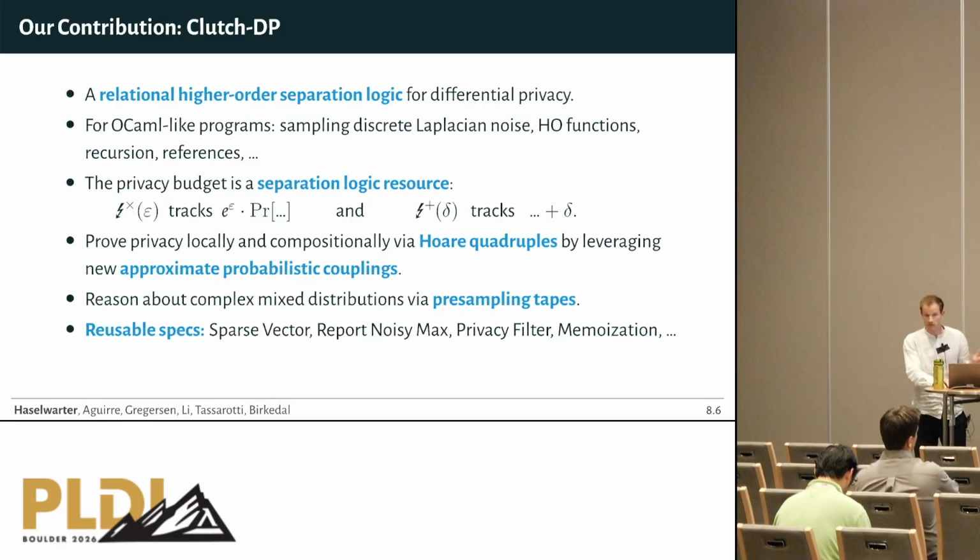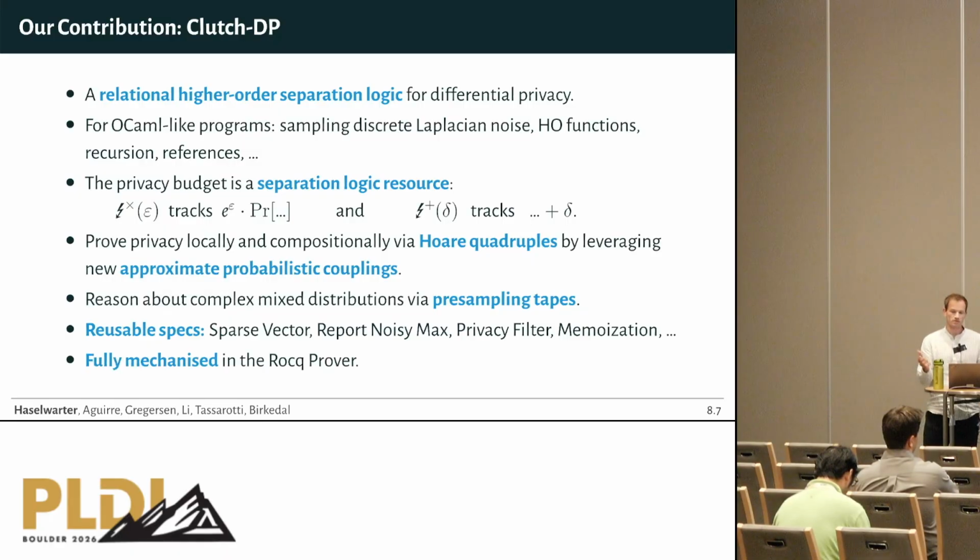Using this logic, we were able to prove some nice reusable specs for a number of the building blocks that you find in these libraries, and several of them were beyond what previous work could do. And finally, the meta theory is, of course, formalized in Rocq.